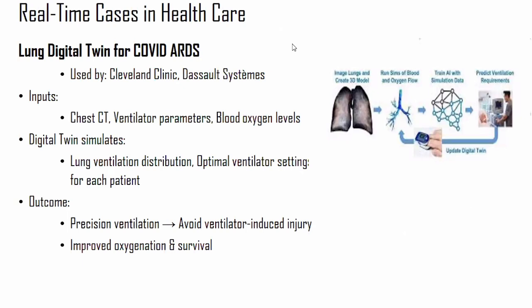real time. This is a lung digital twin for COVID, one example, already used by Cleveland Clinic and Dassault Systems. They already use this digital twin technology and have implemented it. They take the inputs as chest CT, ventilator parameters, and blood oxygen levels.